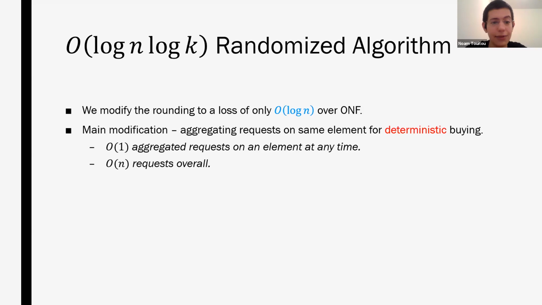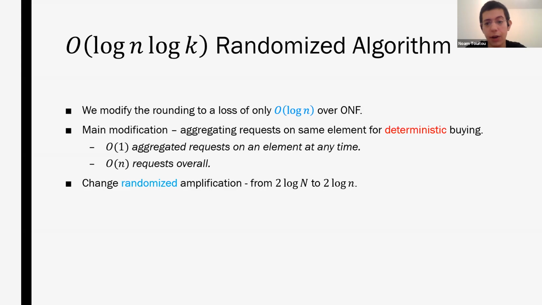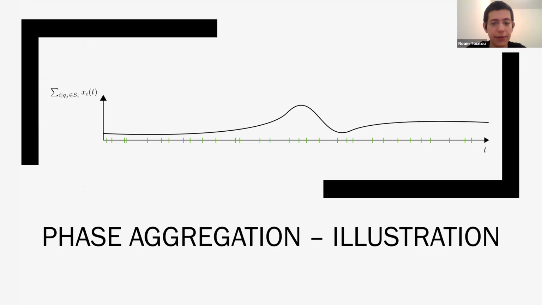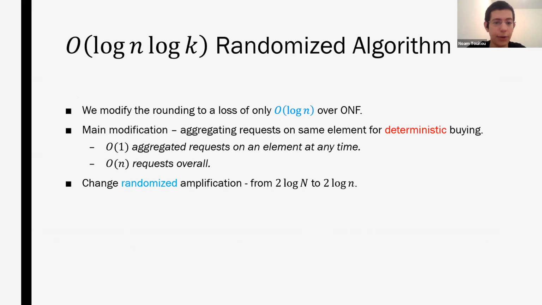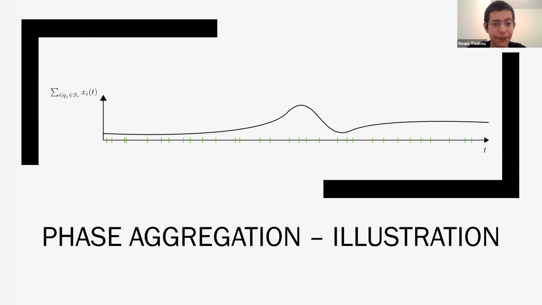Thus, we're going to have a linear number of aggregate requests overall. And it turns out that once we have this linear number, linear in small n that is, we're going to be able to change the randomized amplification. Okay, instead of scaling by 2 log capital N, we can scale by 2 log small n. And this is enough to obtain the required competitive ratio. So this is how this looks.